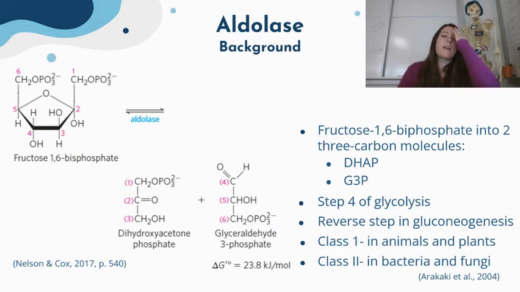Aldolase is an enzyme that catalyzes the reversible split of the fructose 1,6-bisphosphate into 2 3-carbon molecules, the dihydroxyacetone phosphate, DHAP, and the glyceraldehyde 3-phosphate, G3P, in the step of glycolysis.